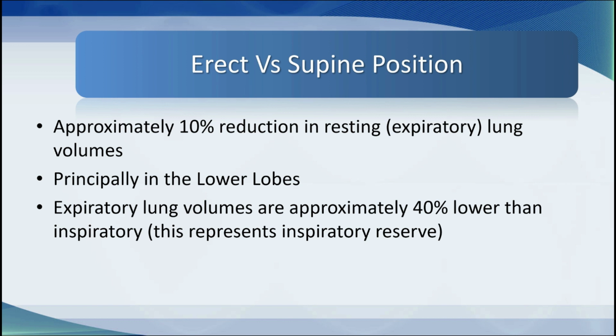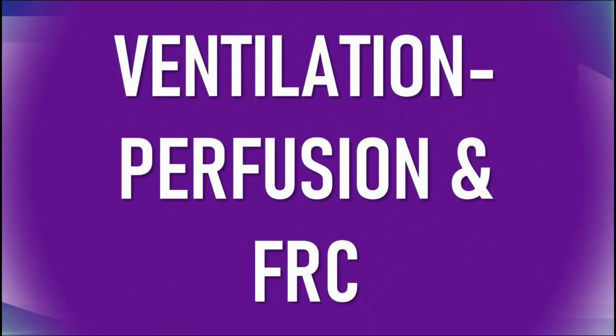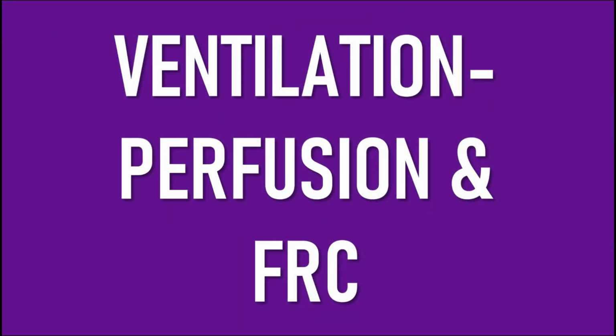Expiratory lung volumes are approximately 40% lower than inspiratory lung volumes, and that is our inspiratory reserve. And we can call on that using mechanical ventilation, using some sophisticated techniques. And you should never forget that those volumes are there. Now let's move on and look at ventilation perfusion mismatch and functional residual capacity.